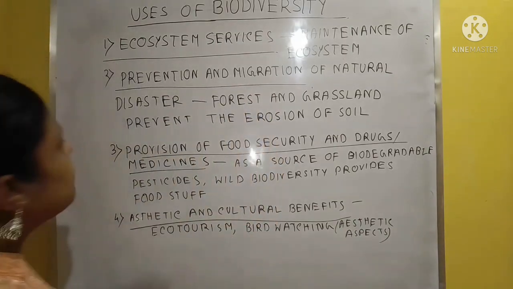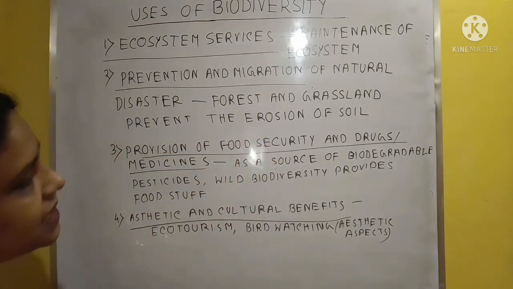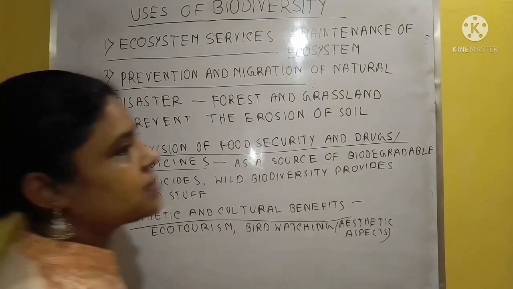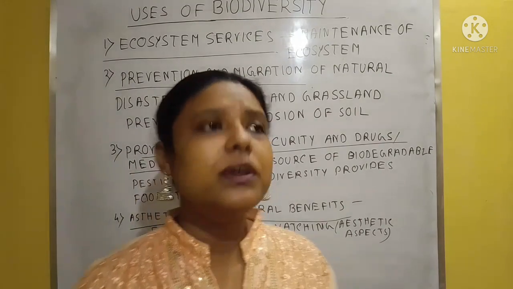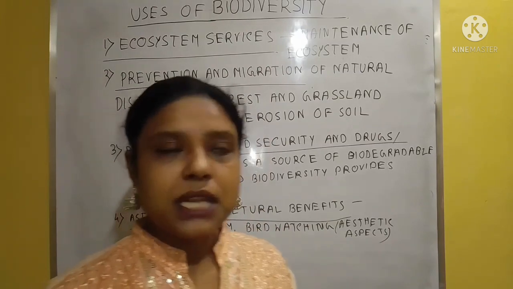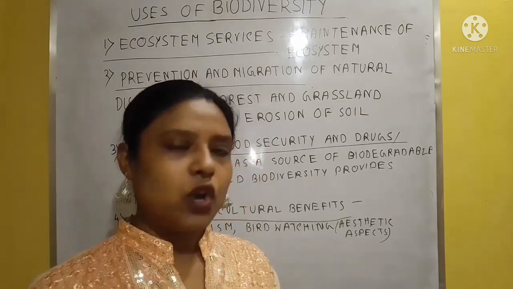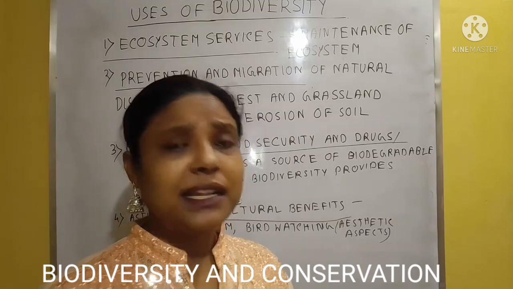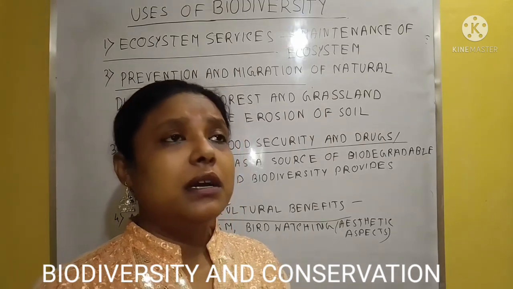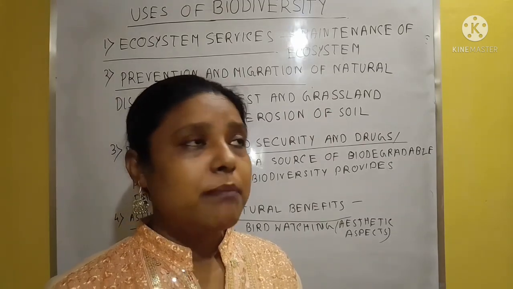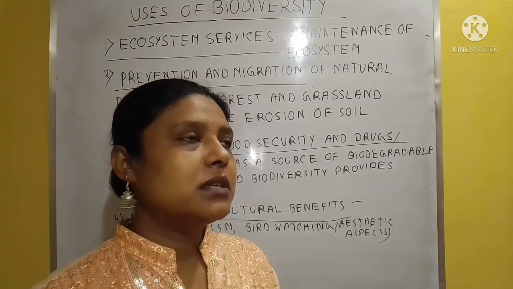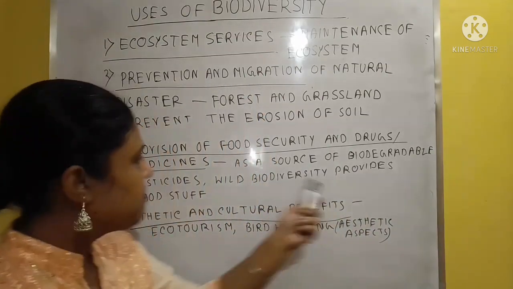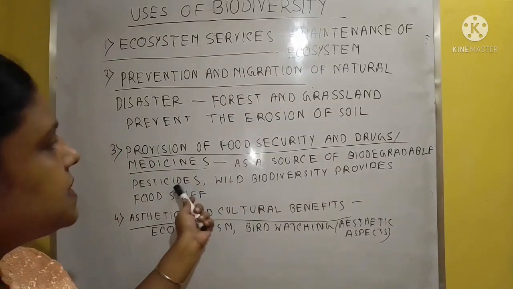Third one is the provision of food security, drugs and medicines. Different kinds of drugs and medicines nowadays are produced using different biodiversity. That means different plant products, or products from insects or fungus, and pesticides.